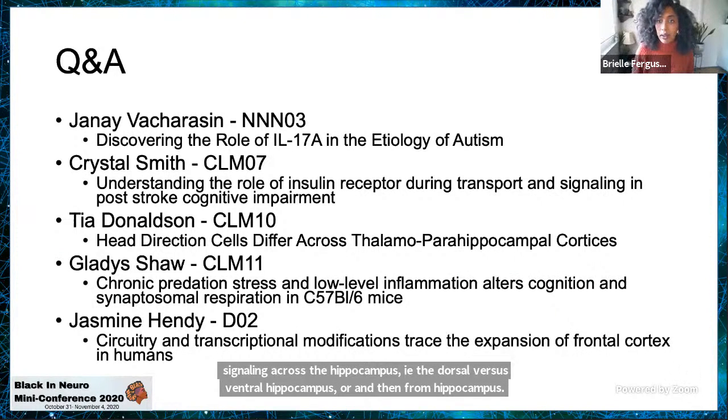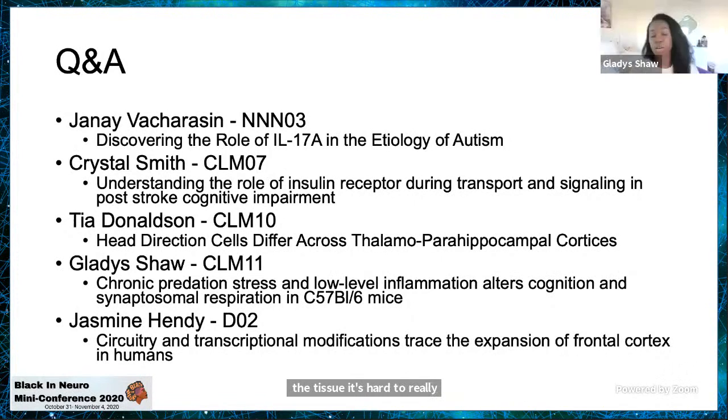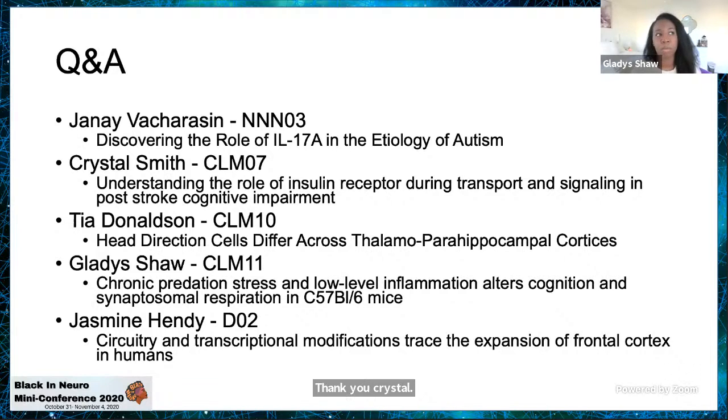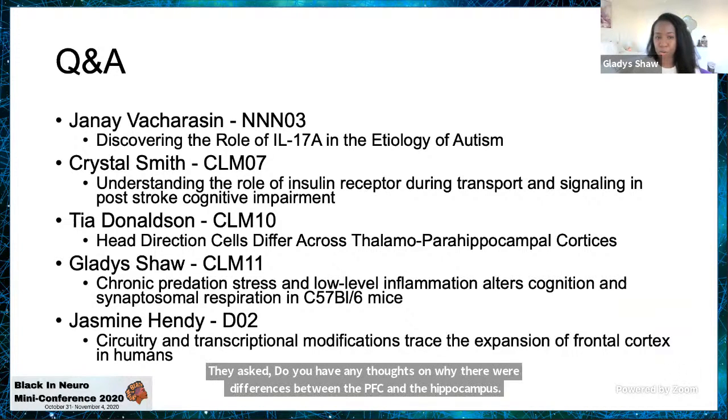They asked, do you have any thoughts on why there were differences between the PFC and the hippocampus? So I also was surprised not to see any differences in the PFC following this stressor, since it was so severe and this inflammatory profile. I'm just guessing that it wasn't salient enough to have feedback to the PFC.